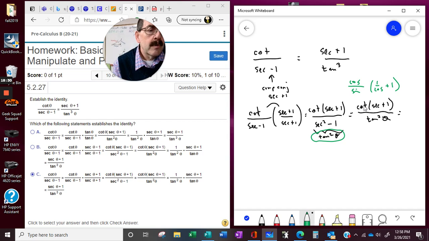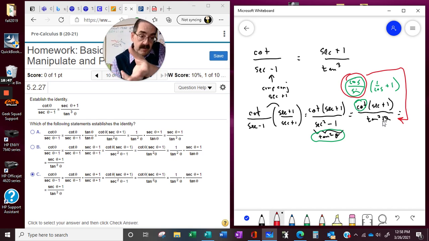Take this and bring it downstairs, but remember when you bring it downstairs you flip it: dividing by a fraction means multiplying by the reciprocal.